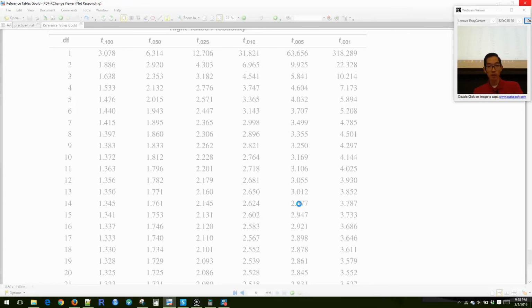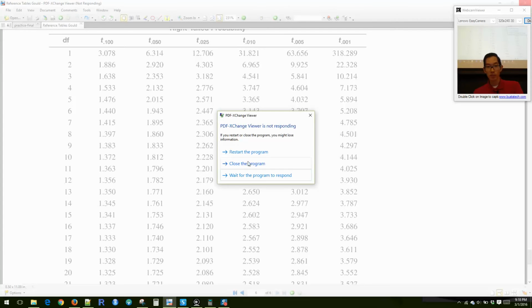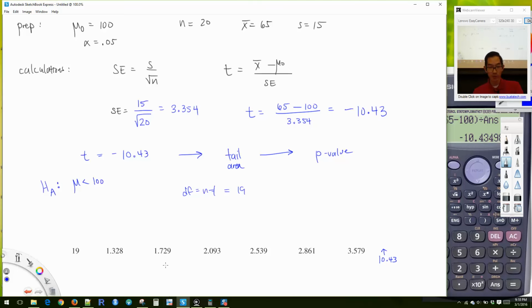All right, I'll just write these down over at the top. This was 0.001, and the other column headings are 0.005, et cetera.